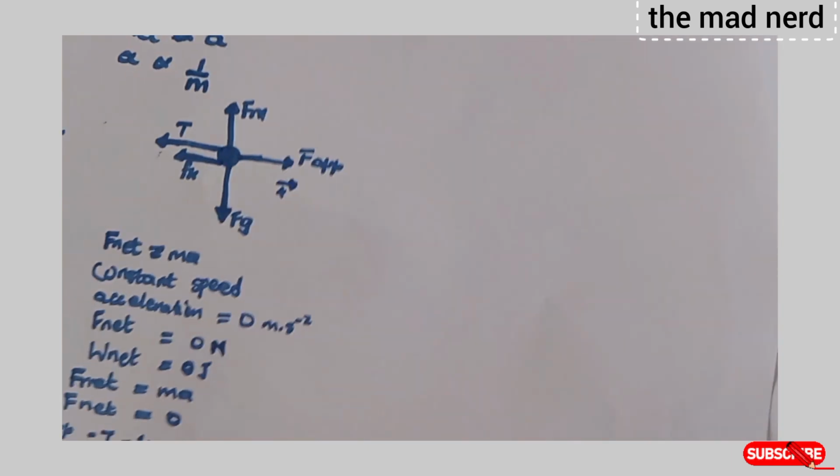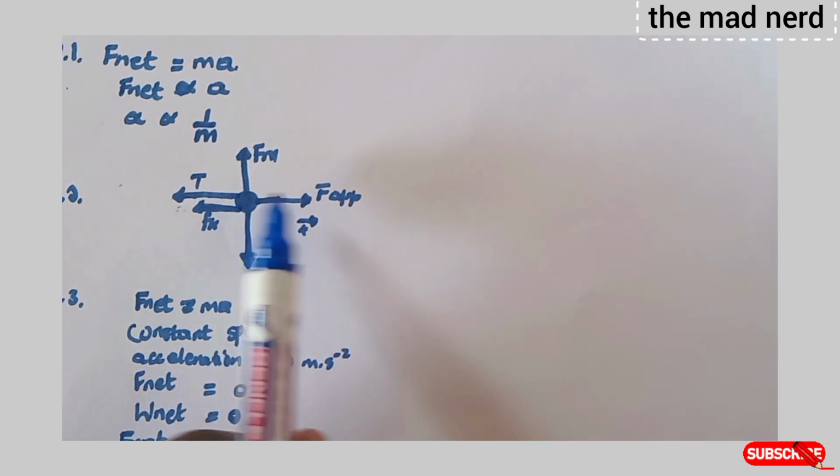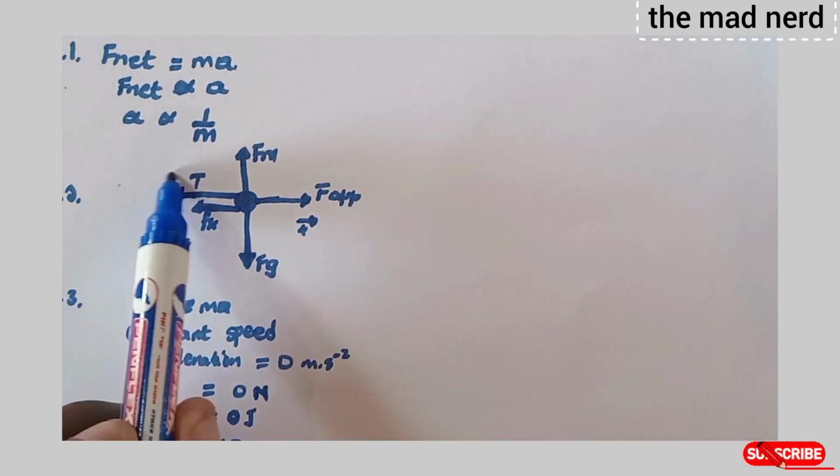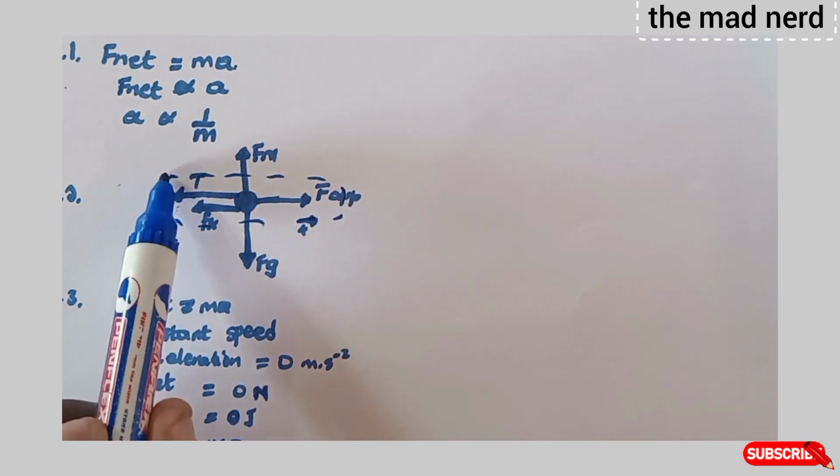So here, according to the free body diagram that we drew, we have those three forces there. That is the ones that are making the F net.